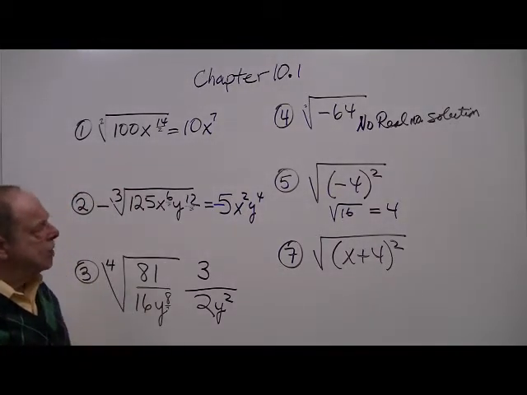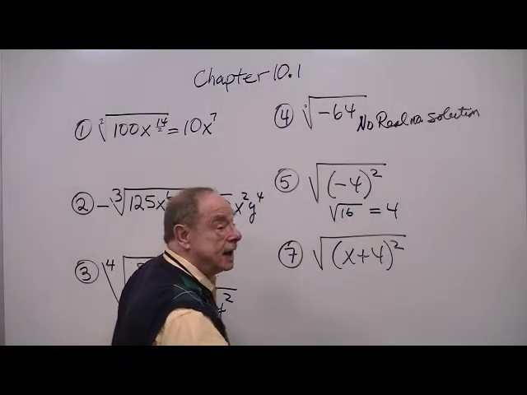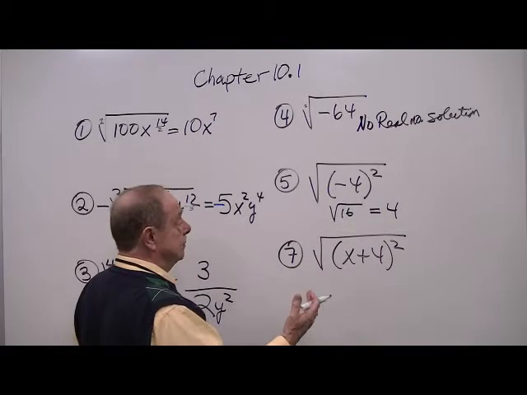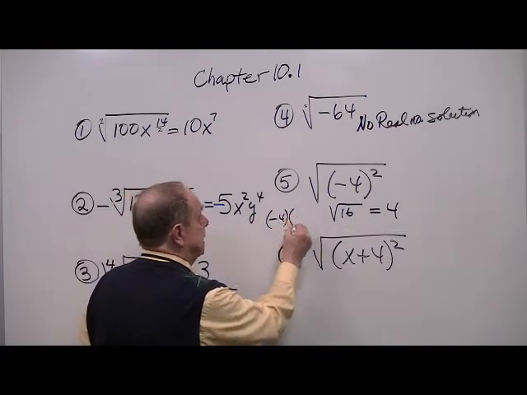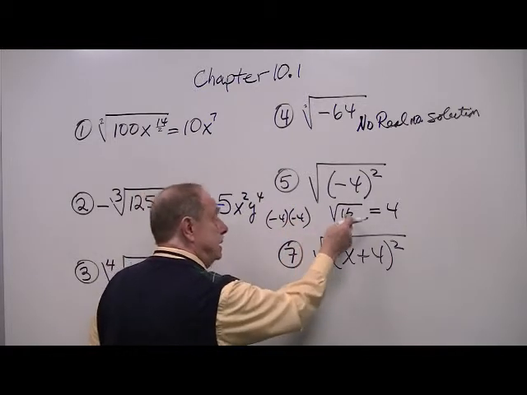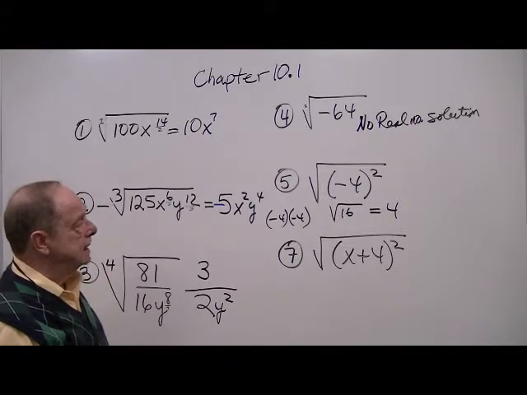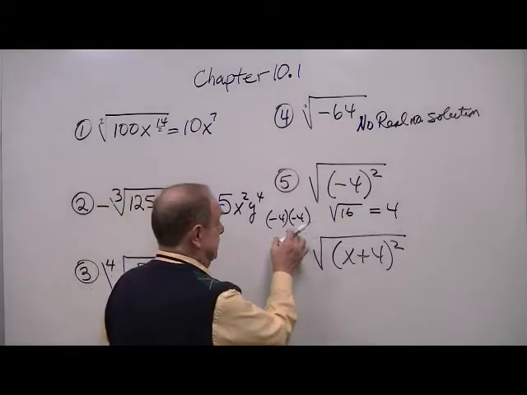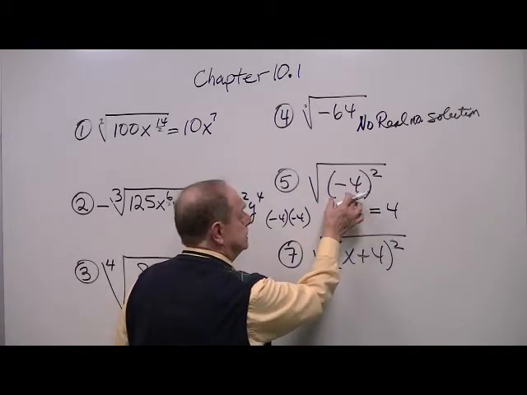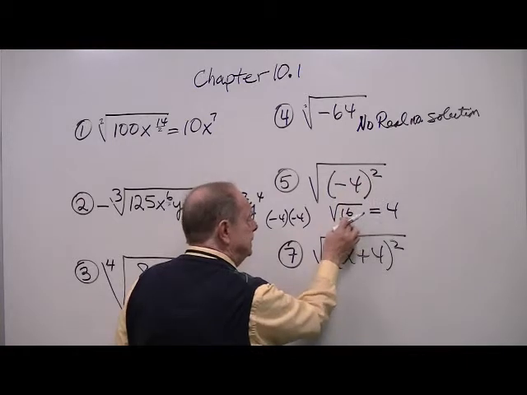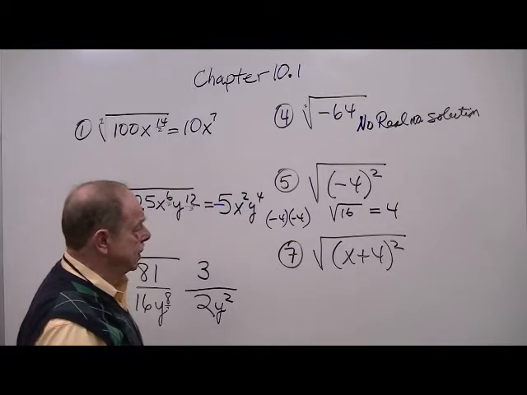Now, sometimes they want you to think of possibly the non-negative or the negative possibility, that a negative 4 times a negative 4 gives you a positive 16. And again, what they're asking here is square that, get the 16, and that equals 4.